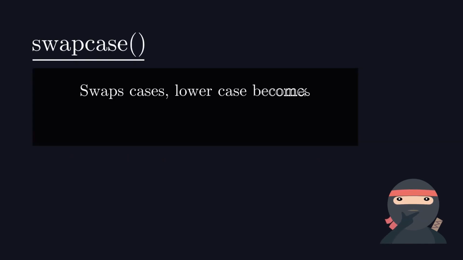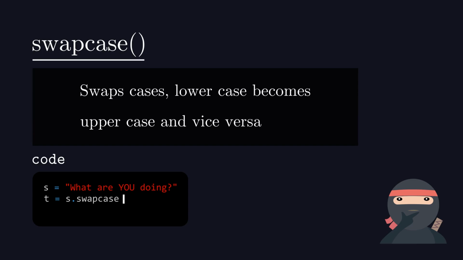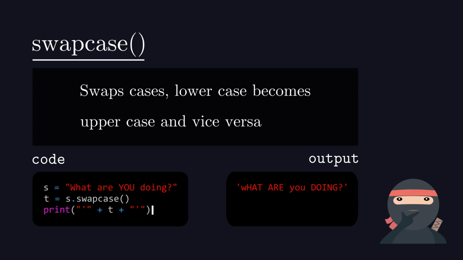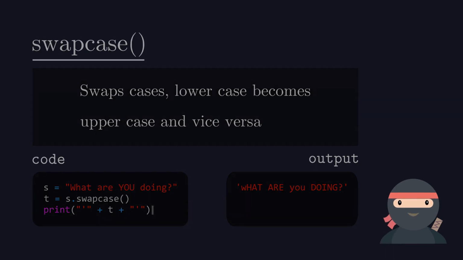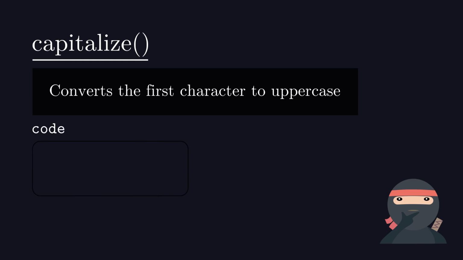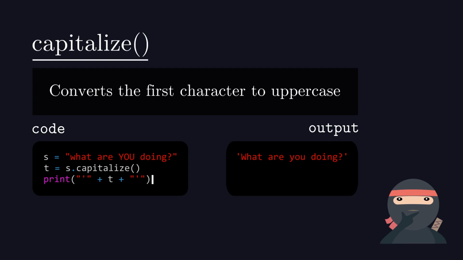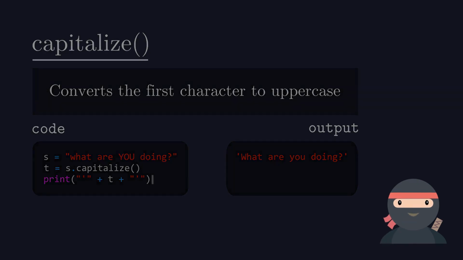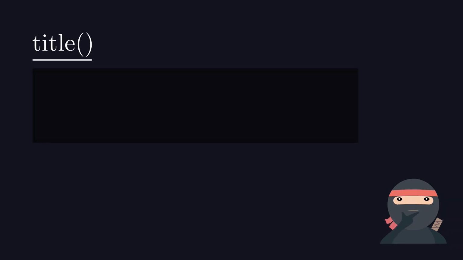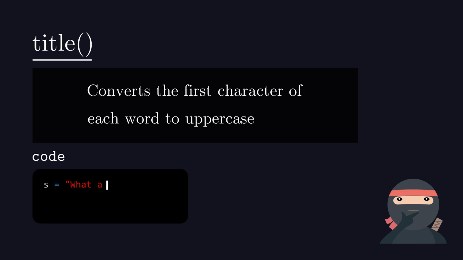The swapcase method will convert lowercase into uppercase and uppercase into lowercase. The capitalize method will convert the first character to uppercase and all the other characters to lowercase. The title method will convert the first character of each word to uppercase and the remaining to lowercase.